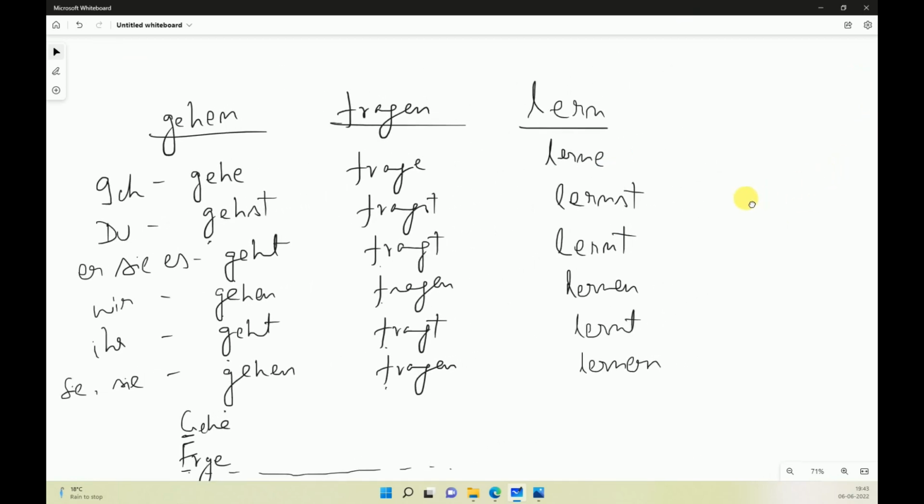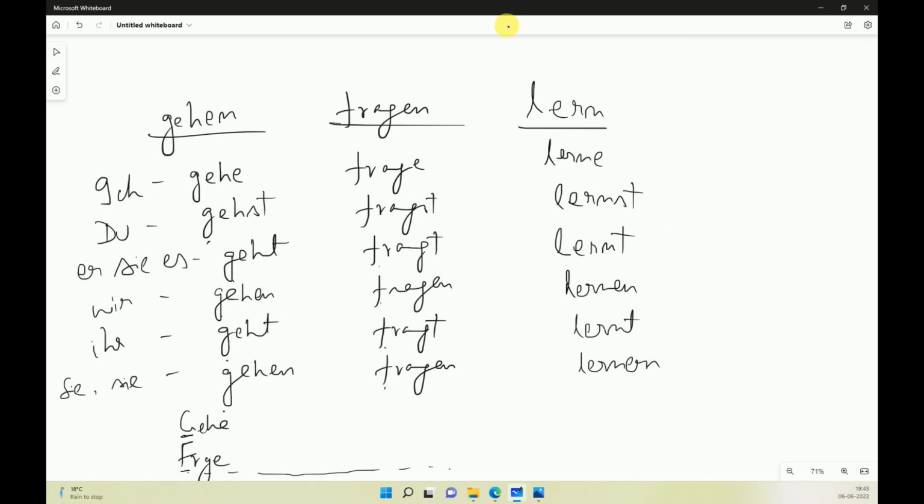One example with umlaut I wanted to take up, üben. By the way, I would request everybody to please speak out, because here is an umlaut. Üben. Repeat please, once again. Üben.